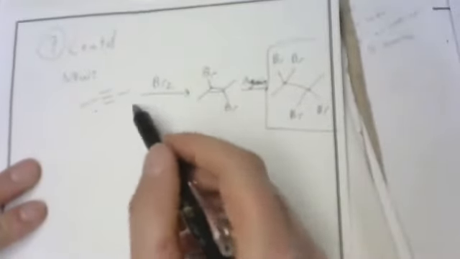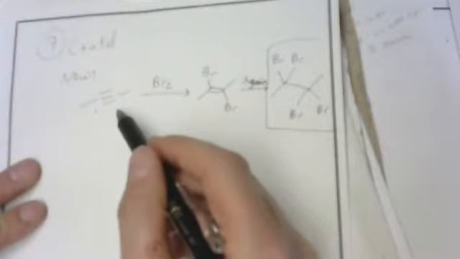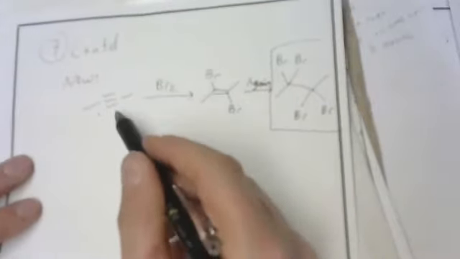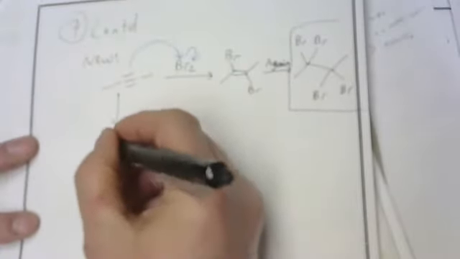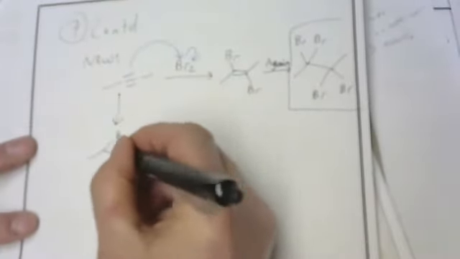Okay, so how does it work? Any guesses? Based on what we learned about alkenes, we'd say maybe the alkyne attacks the same way, and it does. It's a little funny to draw these things, so I'm going to try to draw them nice and big for you. But the alkyne attacks, and what does that give you? What was the intermediate for alkenes?